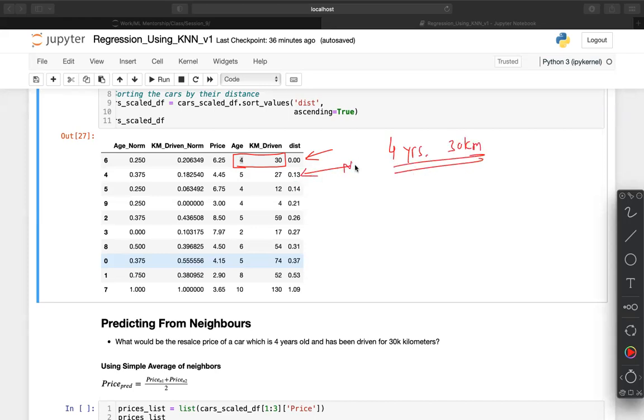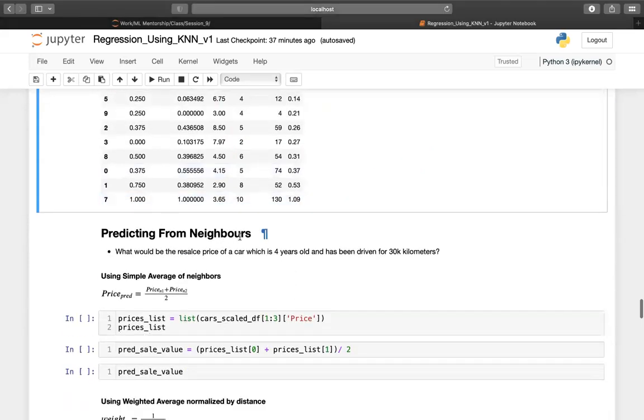Let's say this is neighbor N1 and neighbor N2. We'll take two neighbors, but we can take many other neighbors. How many neighbors and all that, we'll come to that concept later. For the time being, we'll take these two neighbors and look at the price at which they were sold, and from this we'll estimate the price of this car, right? So let's consider two neighbors now.